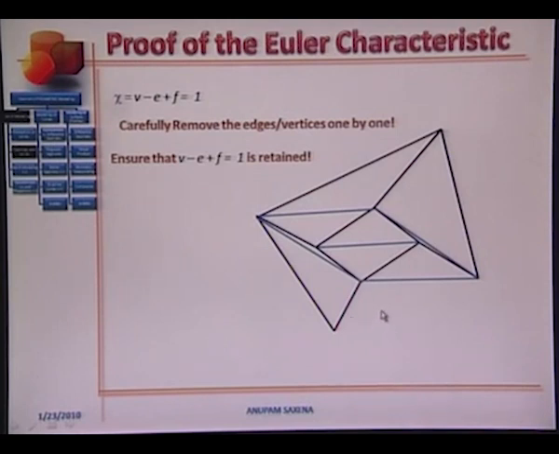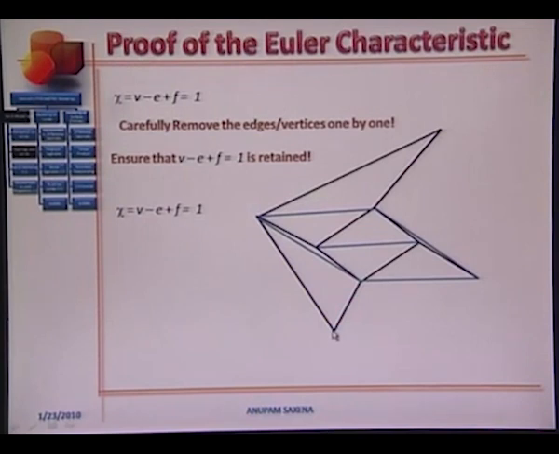What remains is still a set of triangles. So this removal of edge has not caused any change in this relation. Likewise, if I remove this edge, once again, the chi value remains the same. And I still have a bunch of triangles.